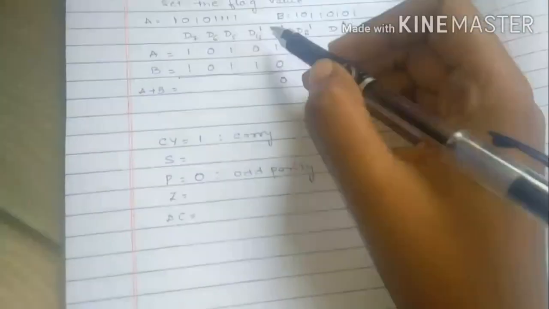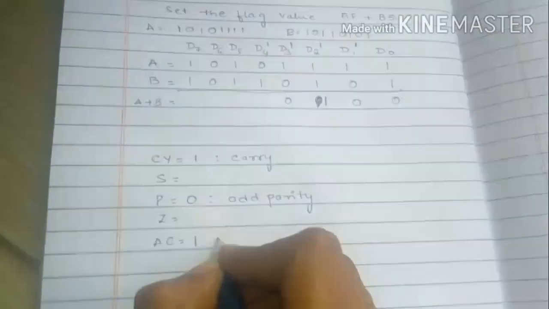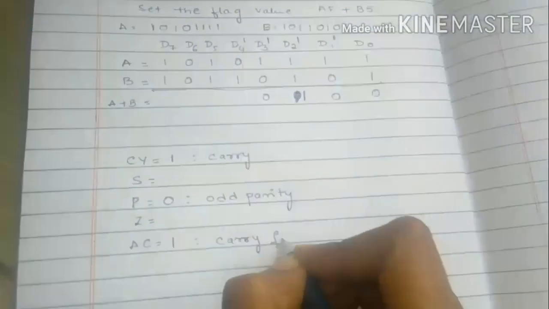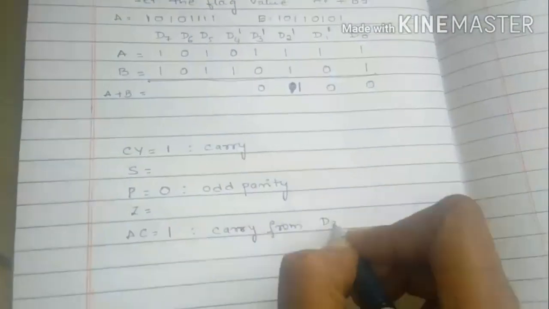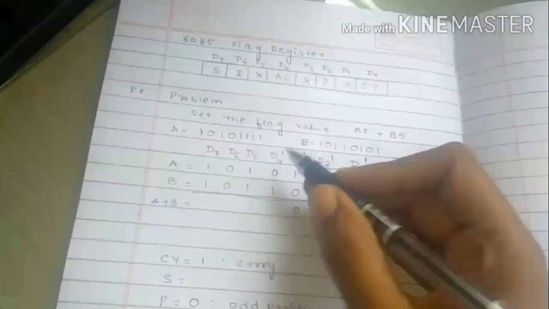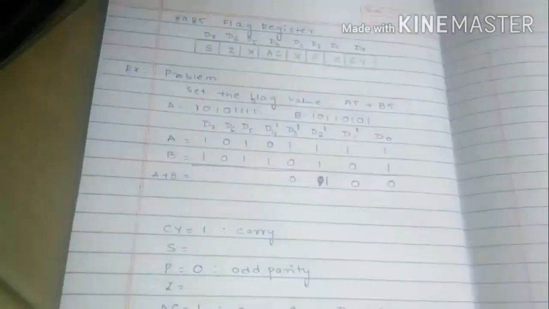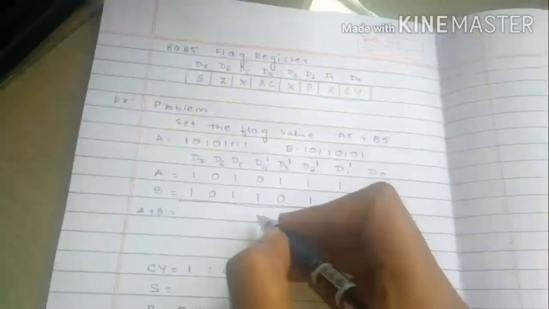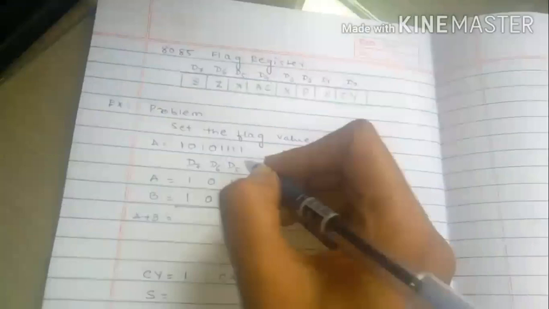When I'm passing the carry value to D4, our AC value will be assigned as 1, since there is a carry from D3 to D4. In case you're not carrying any value from D3 to D4, then the value will be assigned as 0. Next, 1 plus 0 plus 1 is 0, 1 carry.